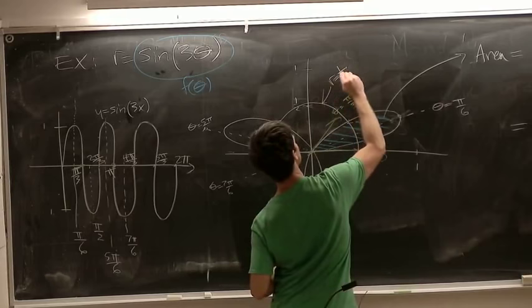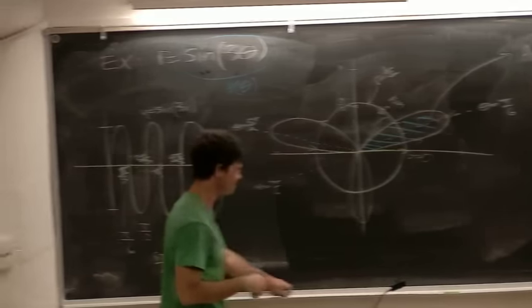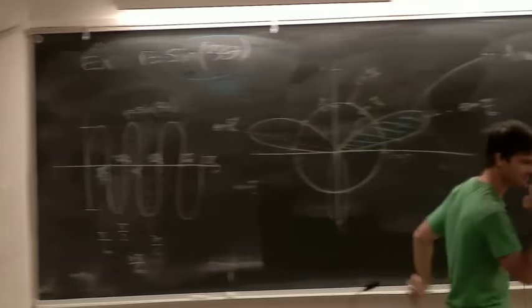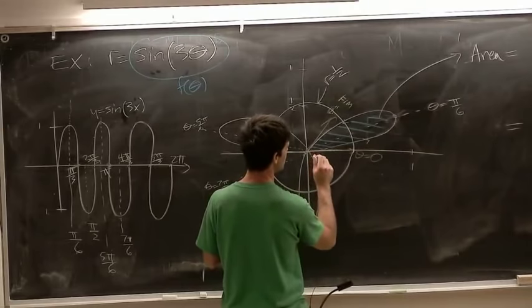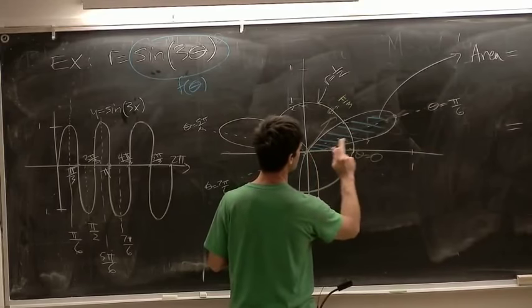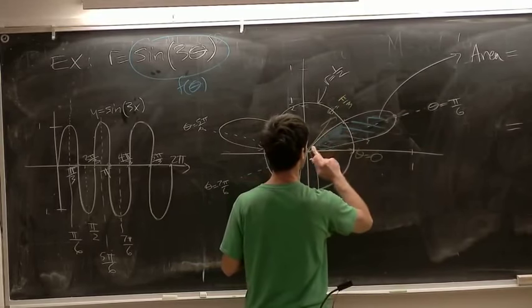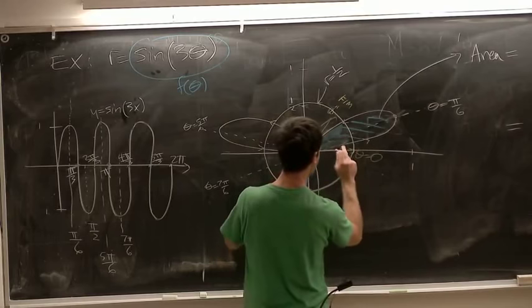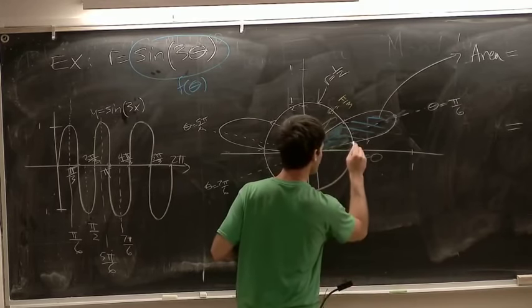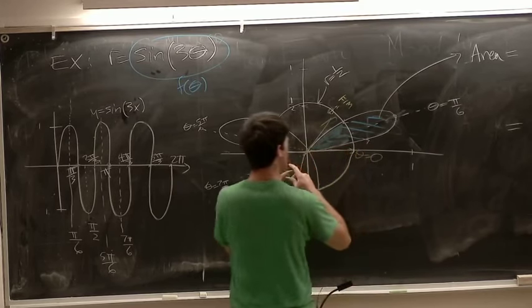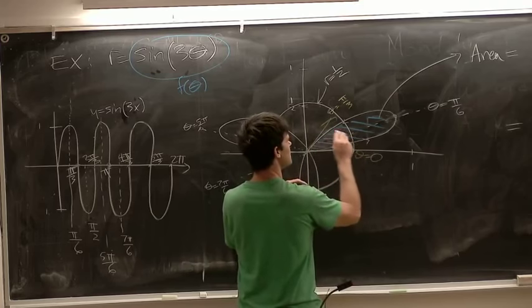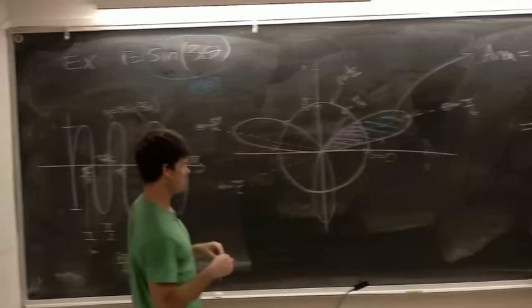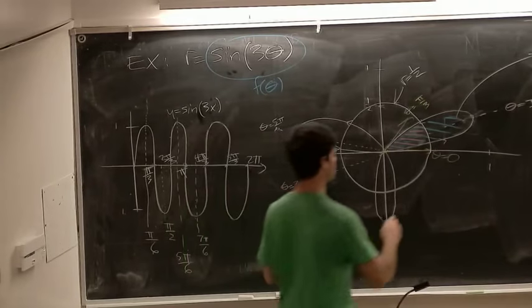So this is the circle r equals 1/2. And now, what if the new question was to find, forget the blue area, the red area. Here, let me draw it. Okay, this is going to get very colorful. So let's find the red area.